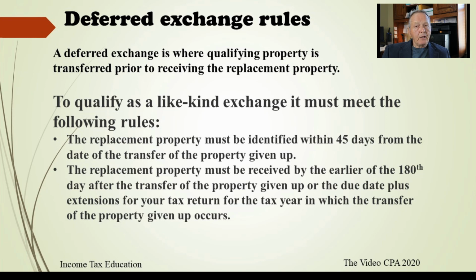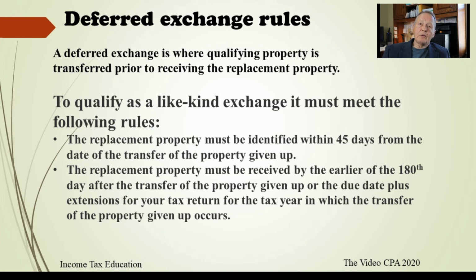And then the exchange has to be completed within 180 days from the day that you gave up your property or you transferred your property. Okay. Now there is a stipulation that it's either 180 days or it's the tax return for the year that the exchange is taking place plus extensions.